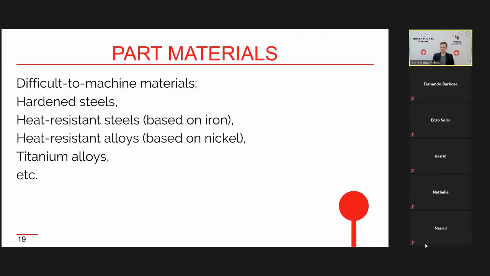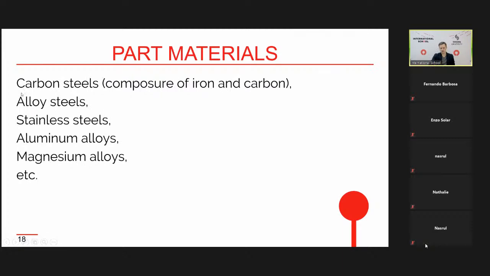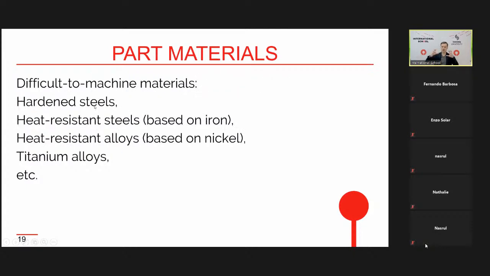So we can mention here hardened steels. Hardened steels are usually some carbon steels or alloy steels, but after special heat treatment. And this special heat treatment makes the steels hard to machine, difficult to machine. The next group is heat-resistant steels.